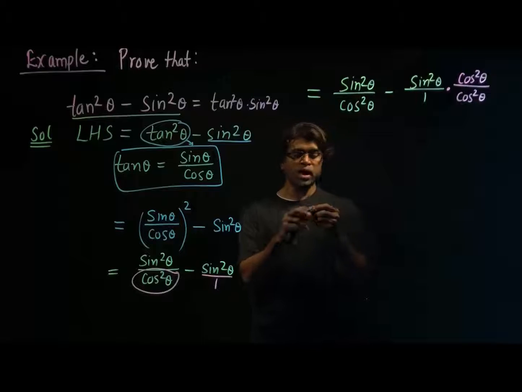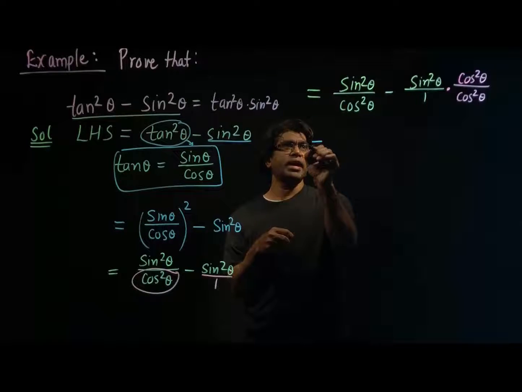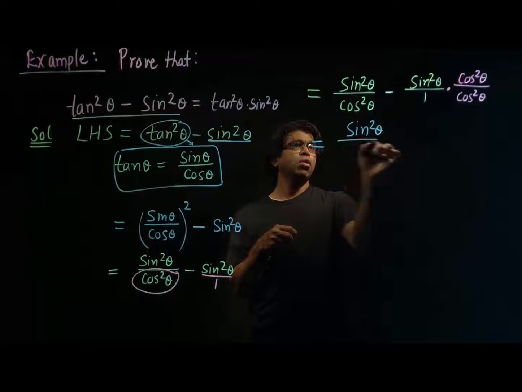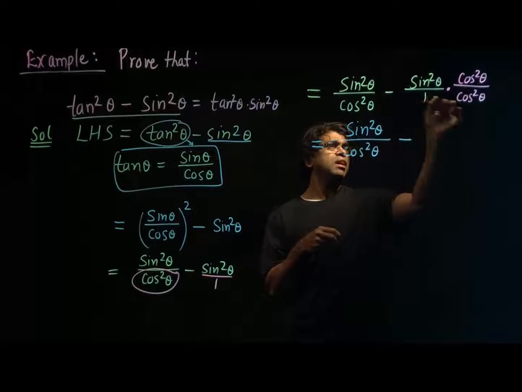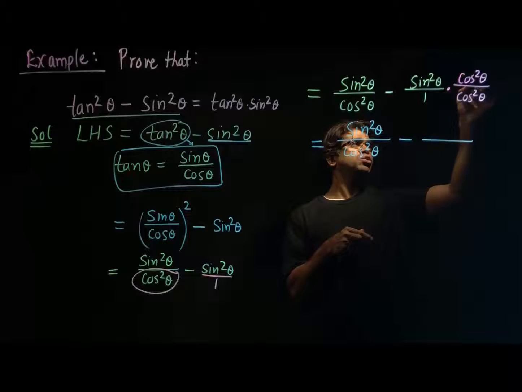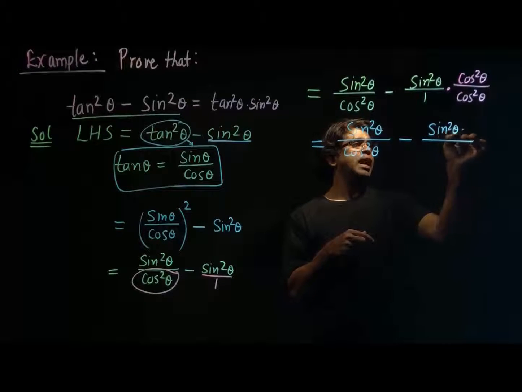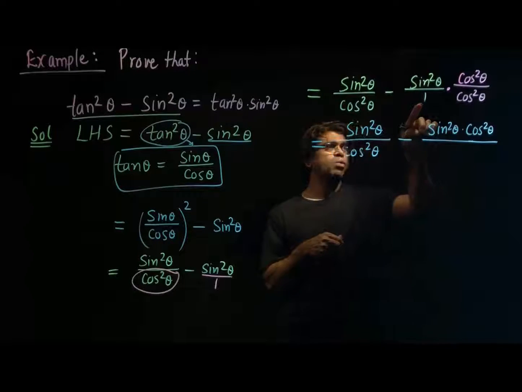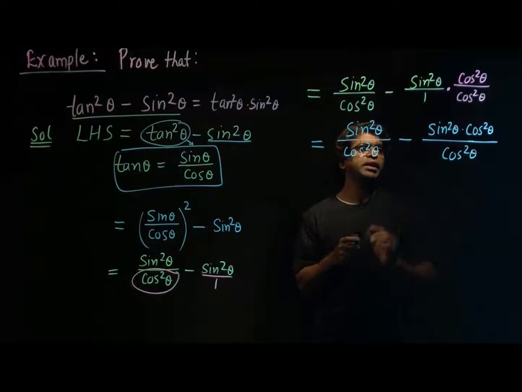So basically, I'm not changing the overall value of the expression. This will work. I'm going to write this as sine squared theta over cosine squared theta minus, let's simplify this one: sine squared times cosine squared is sine squared theta times cosine squared theta, and at the denominator I have 1 times cosine, which is cosine squared theta.